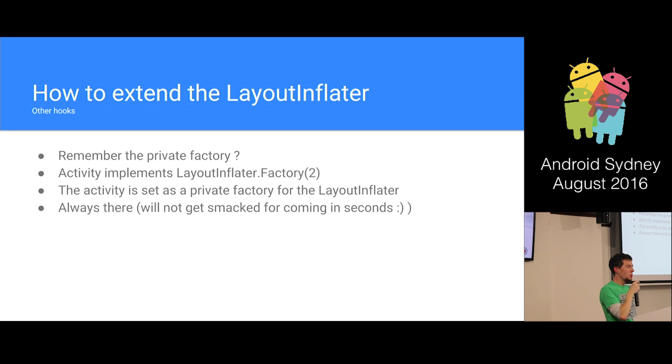So once that is installed, you cannot install your own factory. This is kind of a problem, which could be coped with in AppCompatActivity. The whole view factory registration happens in onCreate. So basically, whatever you do before that is going to stick.